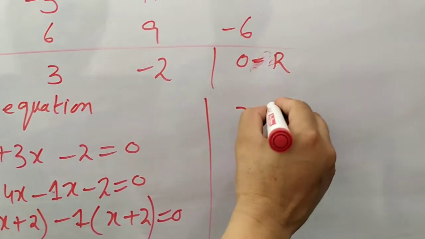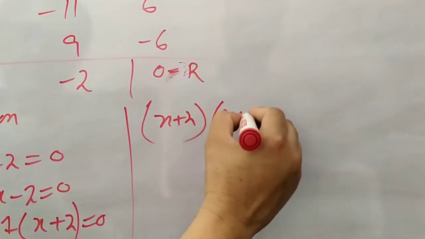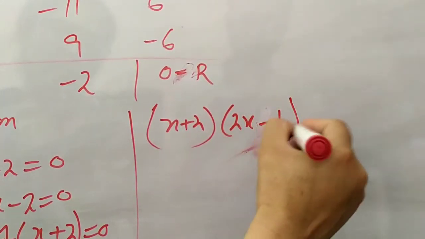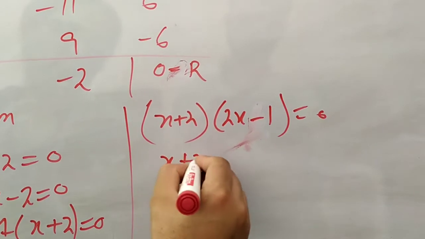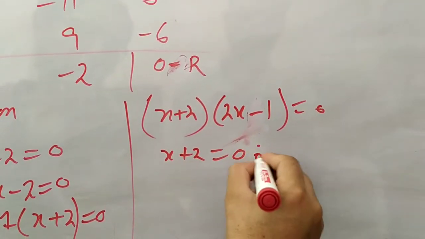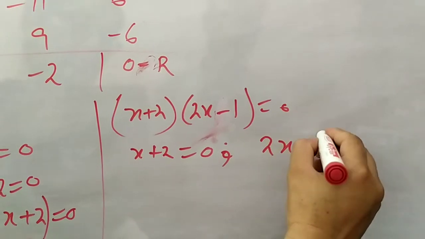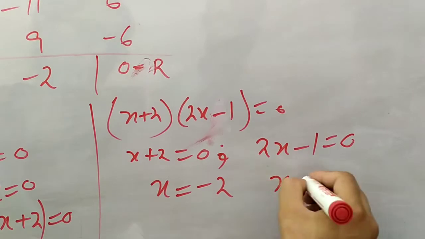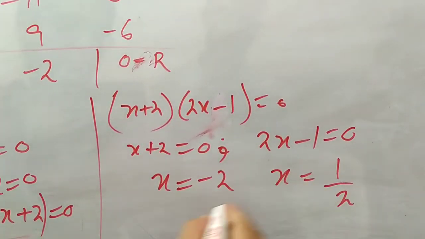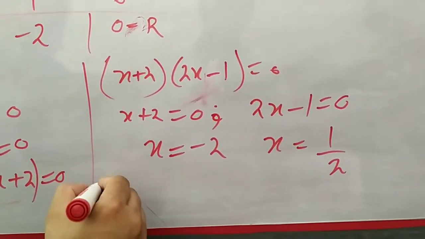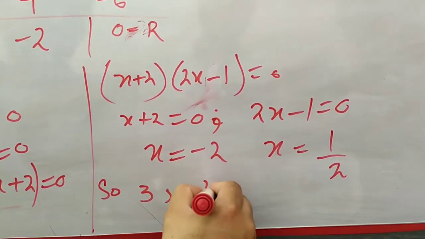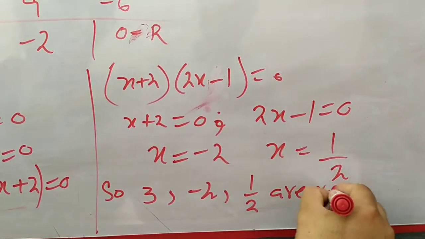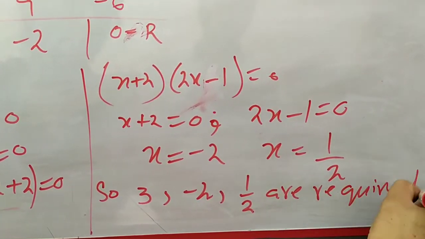Now taking x plus 2 common, we get 2x minus 1 equal to 0. From it we can find the rest of the two roots. So x is equal to -2 and x is equal to 1/2. So 3, -2 and 1/2 are the required roots.